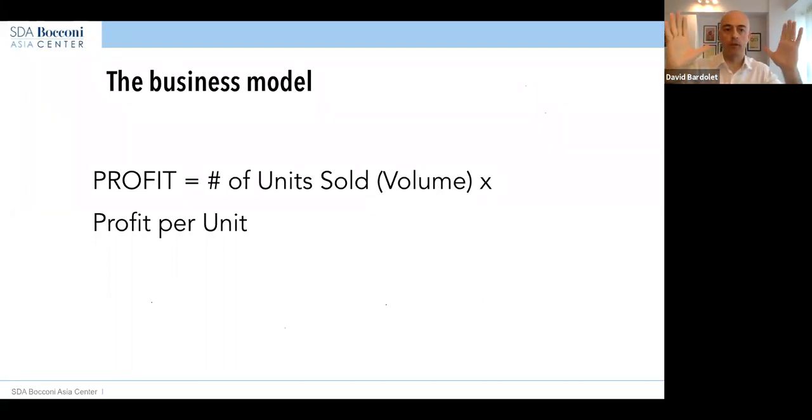So the total profit of the company, number of units sold, times the profit that each one of those units is generating. Very simple formula. Now I need to expand this formula a little bit more. The number of units sold, the volume, it's clear. It's a concept, it's a number. Any company will tell you how many units they sold in a given month, year, or week.